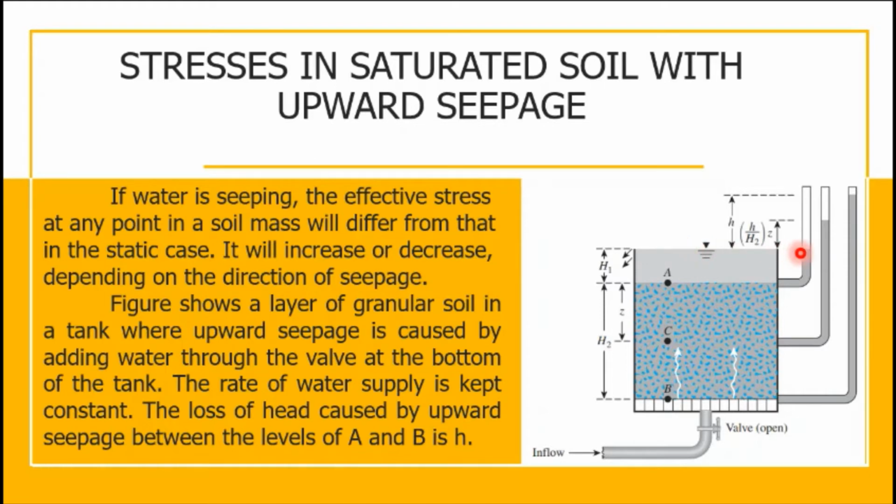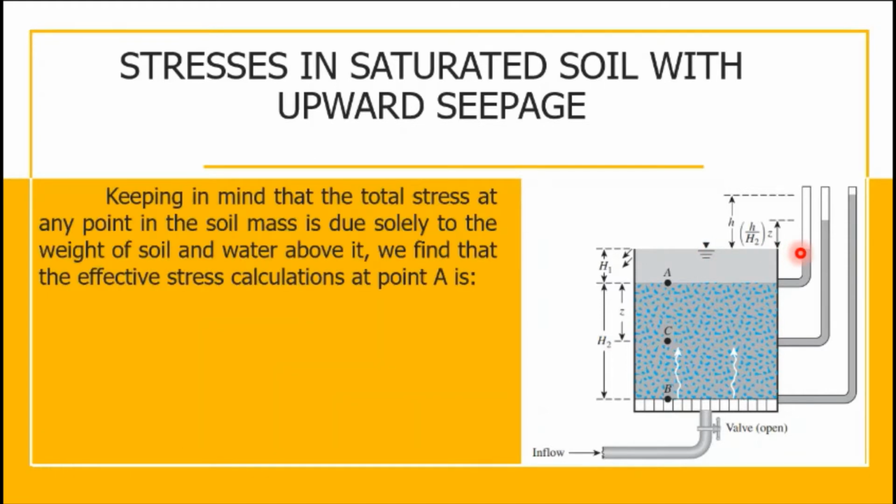surface. So, keeping in mind that the total stress at any point of the soil mass is due solely to the weight of soil and water above it, we find that for the effective stress calculation at point A, the total stress is equal to the unit weight of water multiplied by H sub 1.